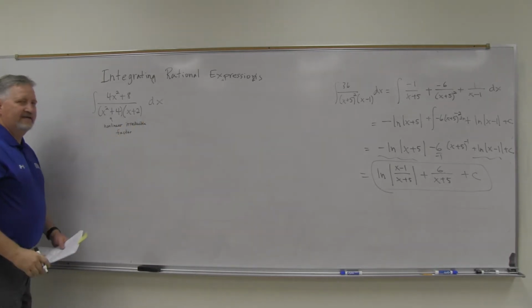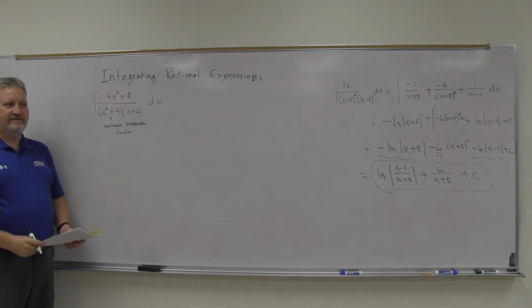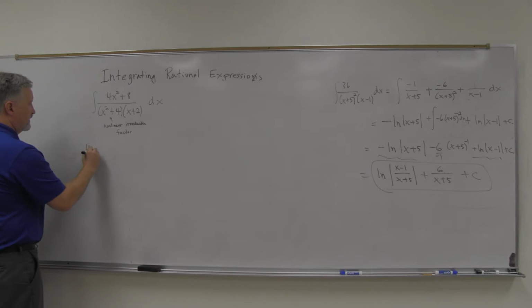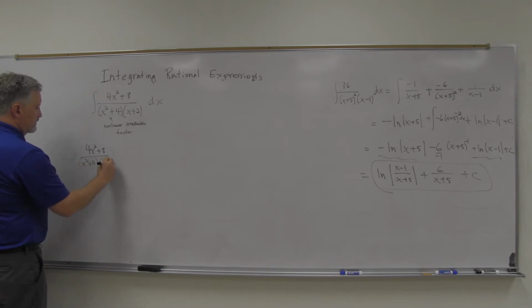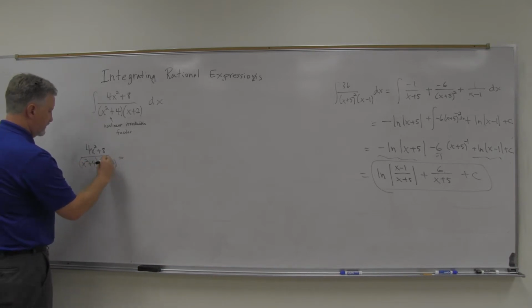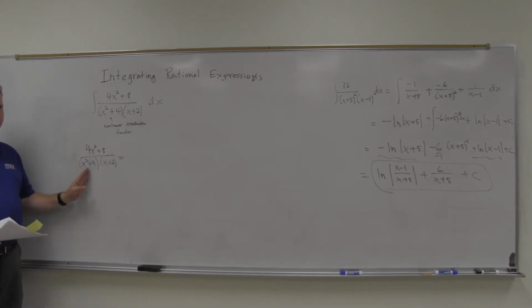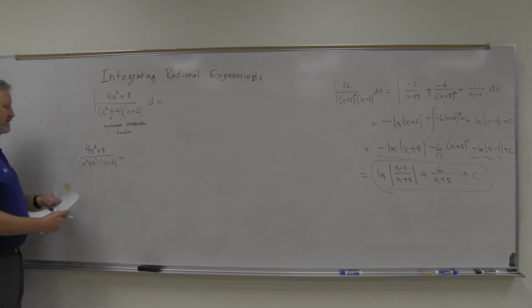That does complicate it a little more. All right, so let's see what that does. So we've got 4x squared plus 8 over x squared plus 4 times x plus 2. What do we need? Well, good news is I just need one term or one expression over here for that.